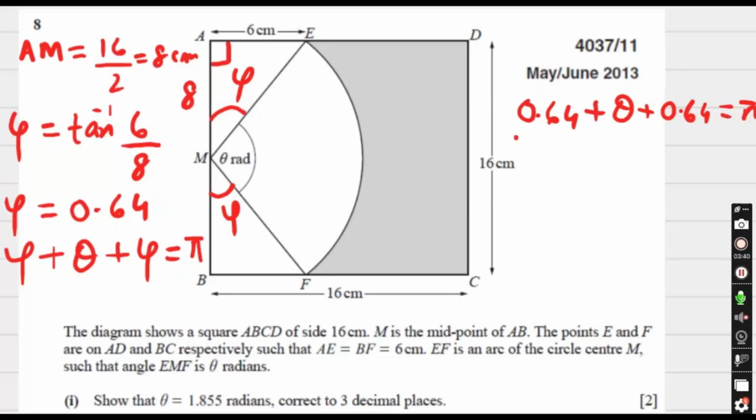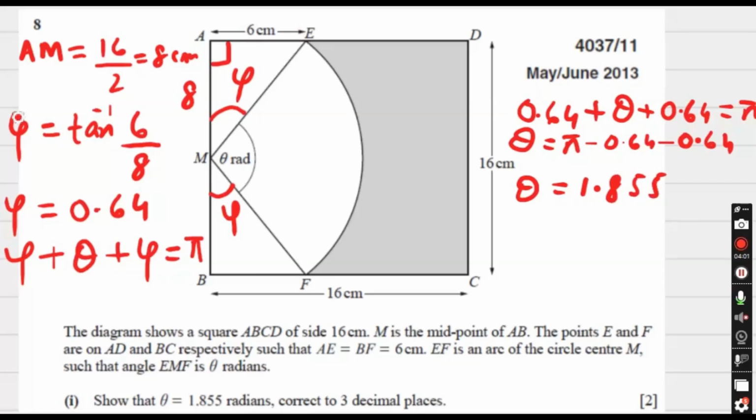So theta is equal to pi minus 0.64 minus 0.64. Therefore theta is equal to 1.855 radians. Shown.